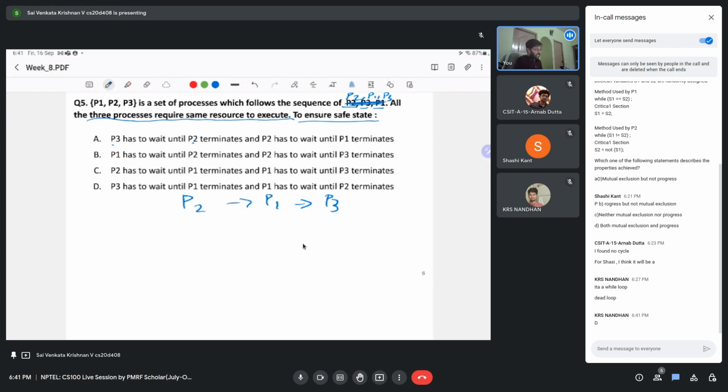Right, so Nandan has told it's option D. Let's see. For a safe state, what is the rule we have to follow?